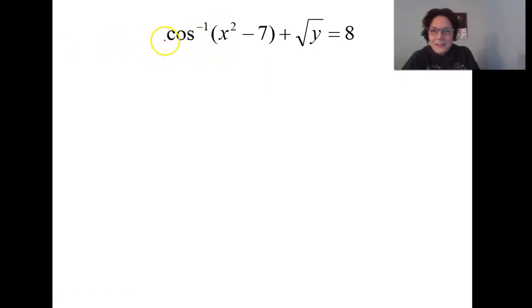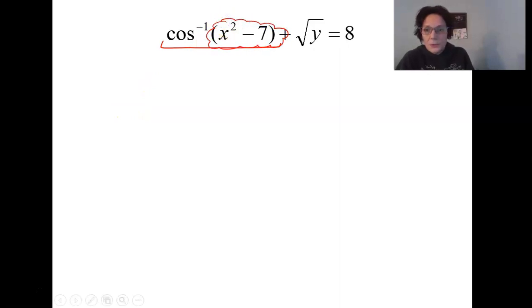Okay. So I need to take the derivative of cosine, which, great news, is exactly like the derivative of sine with that one exception. So here's my cloud. The derivative of cosine, instead of 1 over, is going to be negative 1 over the square root of 1 minus u squared.